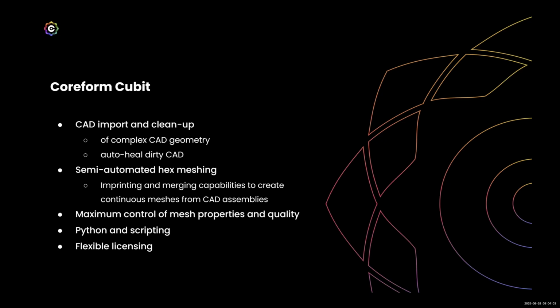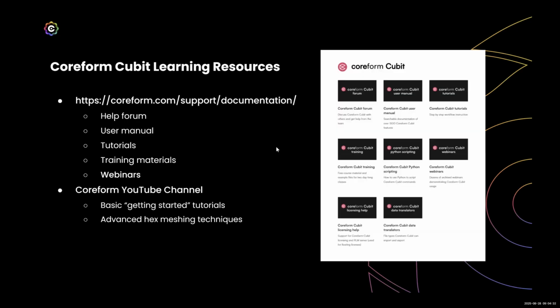So we won't go through all of this today, but if you're interested in Cubit, some of its features include CAD import and cleanup, semi-automated hex meshing, the ability to have fine control over your mesh and its quality and properties, fantastic Python scripting, also our own journal language, which Greg will talk to you a little bit about, and flexible licensing.